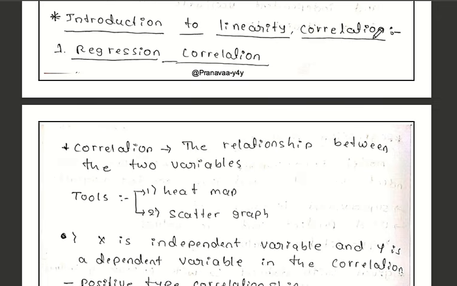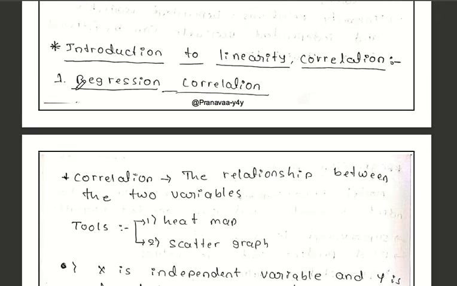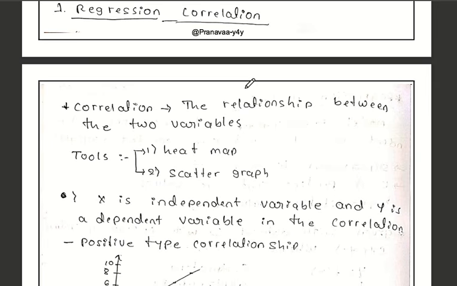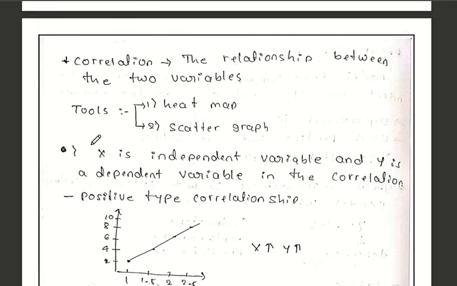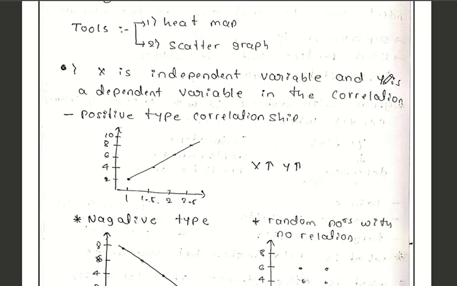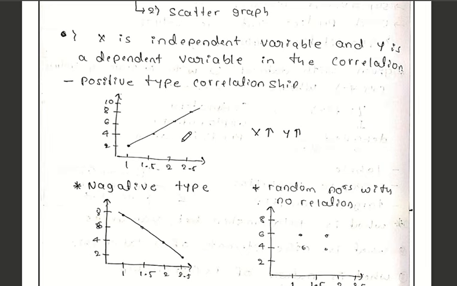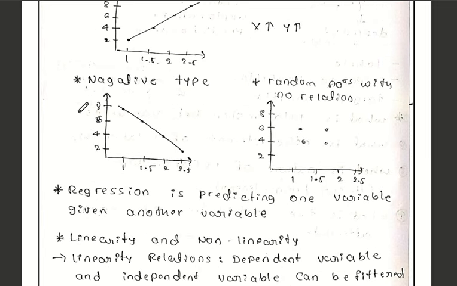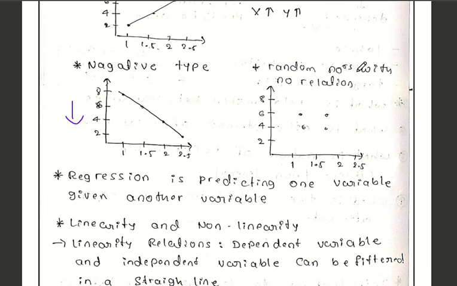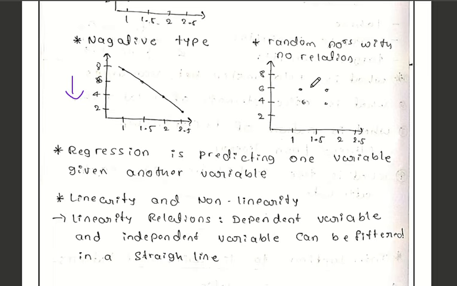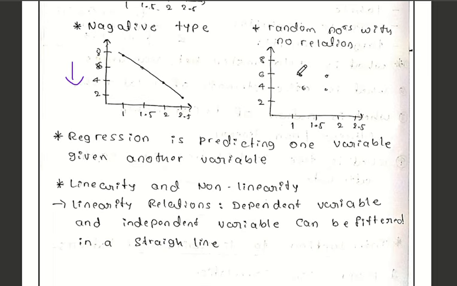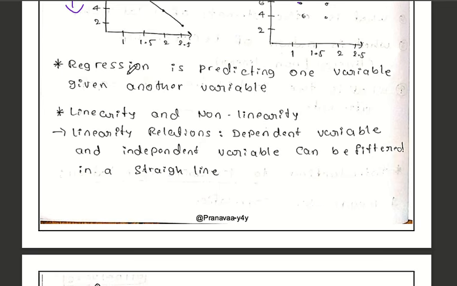Introduction to linear correlation. First one is regression correlation, with an independent variable x and a dependent variable y. There is positive correlation and negative correlation. In positive, whenever x increases, y also increases, whereas in negative, whenever x decreases, y also decreases. Then there is random data with no relation, no connection between the points.